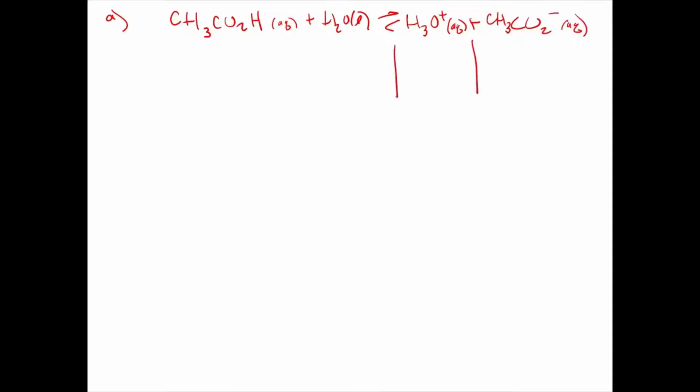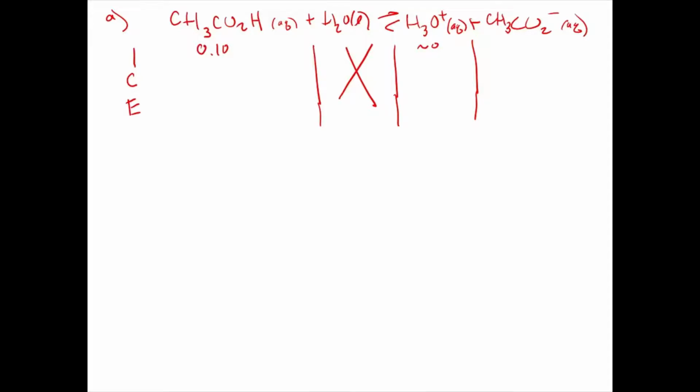So let's set up an ice table. Ice, ice, baby. H2O is 0. We know our starting hydronium is about 0. We're told 0.10 molar for acetic acid.